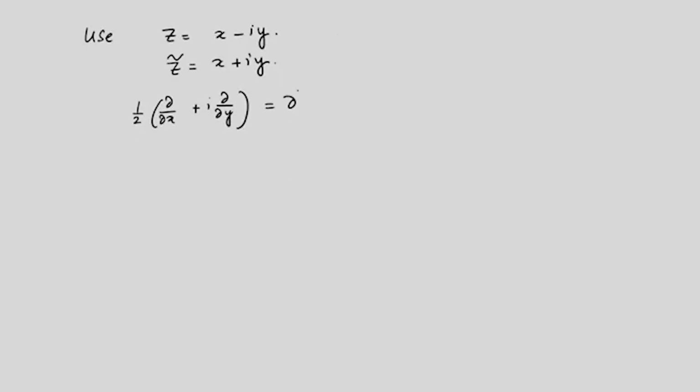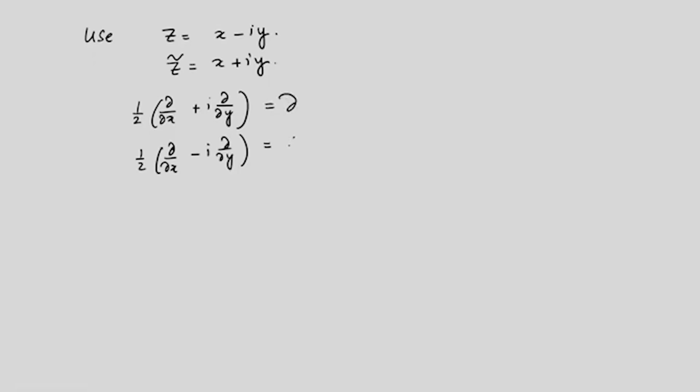This is delta, just a shorthand notation, and similarly we will use half of ∂/∂x minus i ∂/∂y, which is delta tilde. This is not 0, just to make sure.